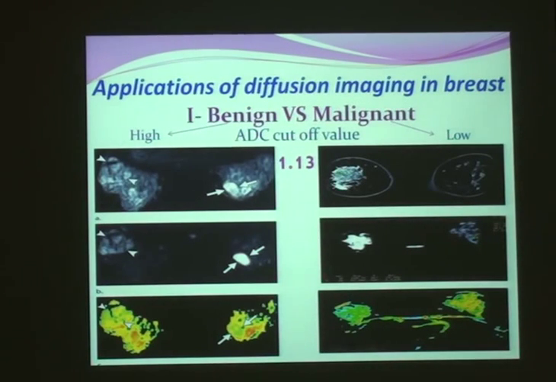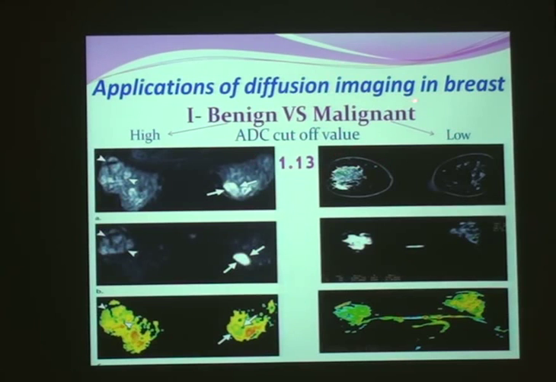So finally, what are the applications of diffusion-weighted imaging? And after that, I will tell the general applications or indications for MRI breast imaging. First of all, and our main topic, we're trying to differentiate between benign and malignant lesions, so we don't need as many biopsies as are done these days.